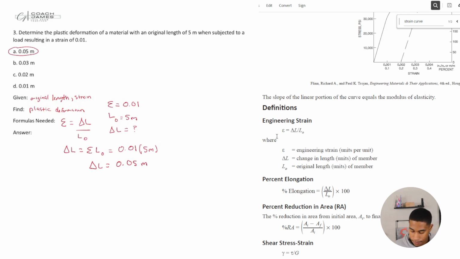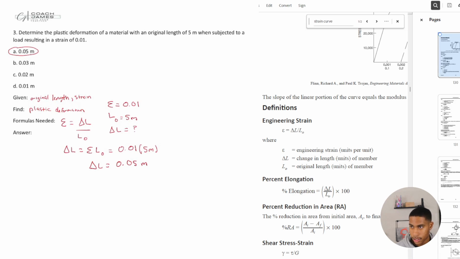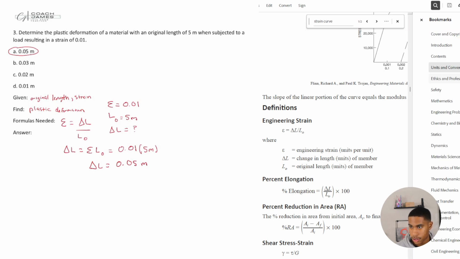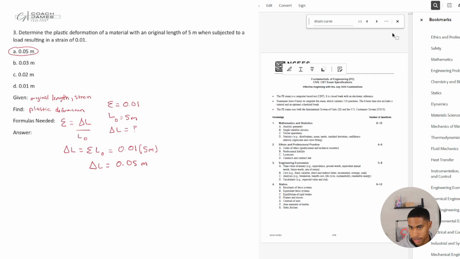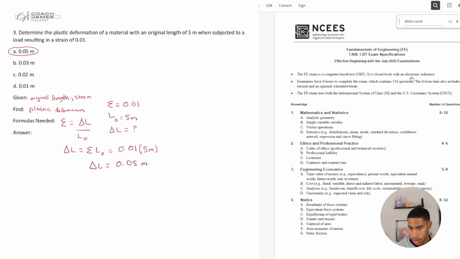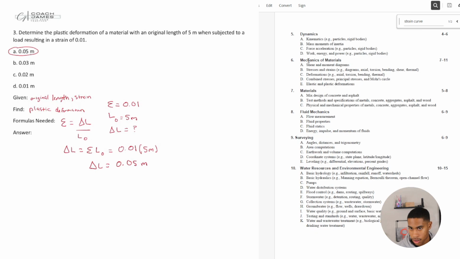All right. So that concludes our mechanics of materials review. In the next section, I believe we're going to be looking at materials. Let's see here though. Don't want to steer you wrong. So yes, we did mechanics of materials.